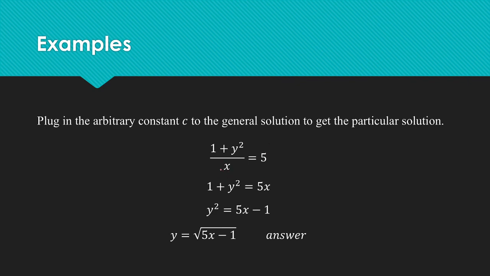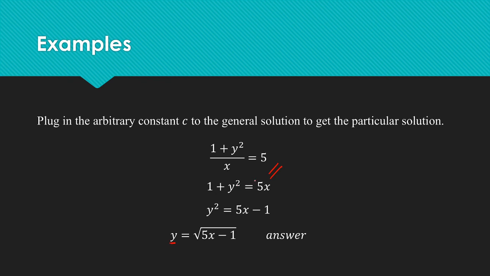Tanggalin natin yung mga denominator, etc. Actually, ito, pwede na to. Tama na yung sagot na yan. But if we want to simplify, usually, ang ginagawa natin, in-express natin siya sa function nung dependent variable. So, in this case, ang dependent variable natin is y, di ba?